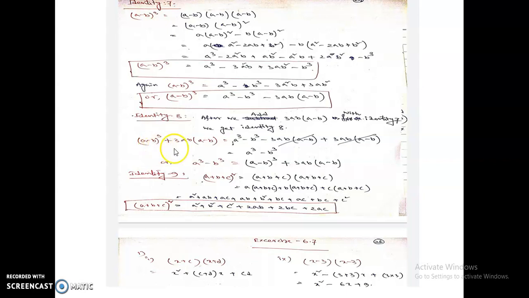In the right side, we will get a cube minus b cube minus 3ab into (a minus b) that was there, and we are adding extra plus 3ab into (a minus b). So these two terms will be cancelled out and it will give you a cube minus b cube.